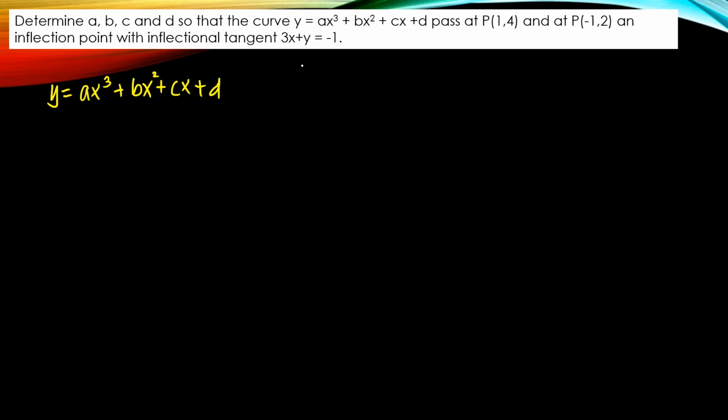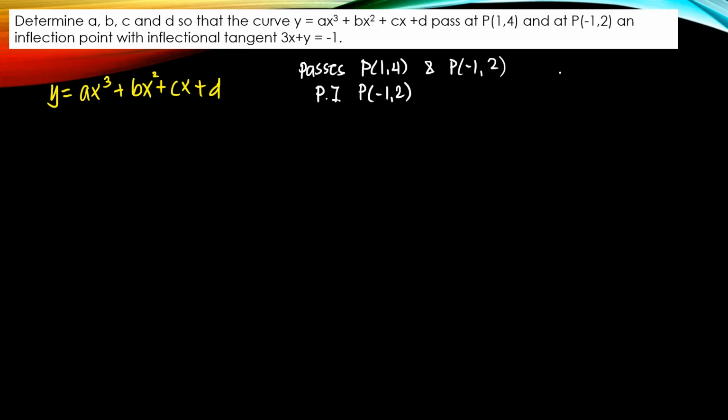And then passes 1/4 and -1, 2. It says here, point of inflection, P -1, 2.